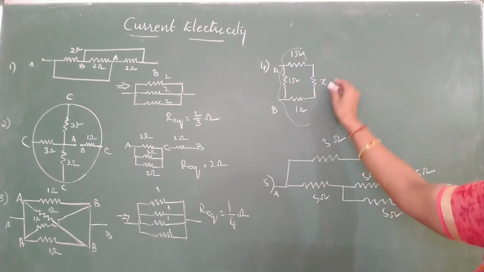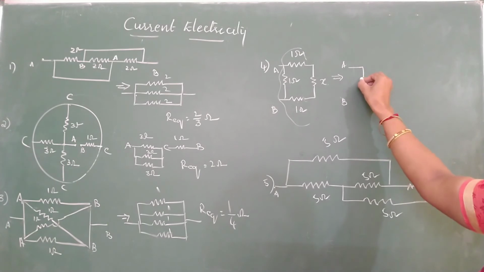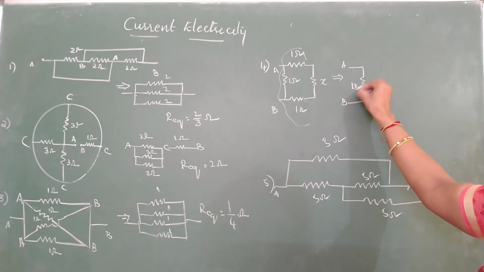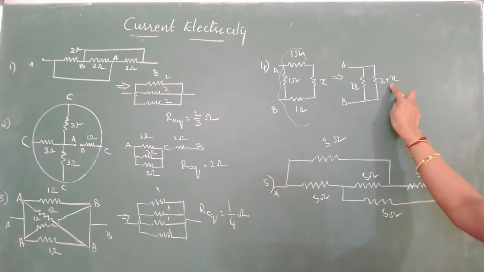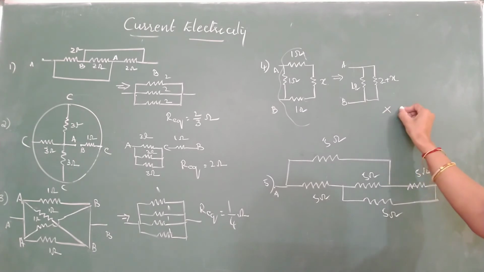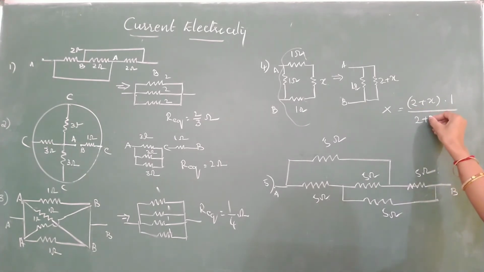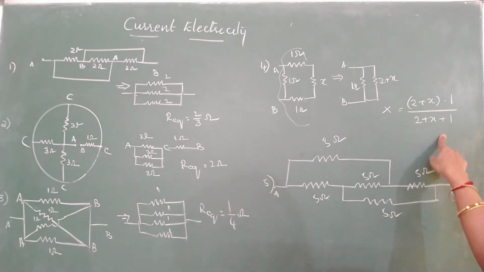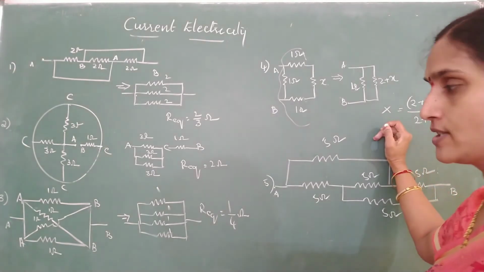These three are in series. So between A and B, this is a 1 ohm resistor, and 2 plus X and 1 are in parallel combination. So what should X be equal to? X equals (2 plus X) into 1 by (2 plus X plus 1). You will actually get a quadratic equation. Solve the quadratic equation and you can find the equivalent resistance.